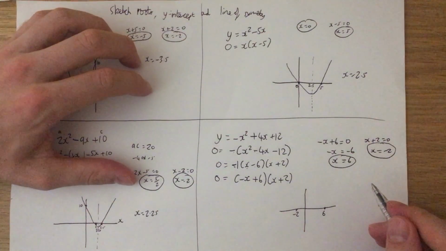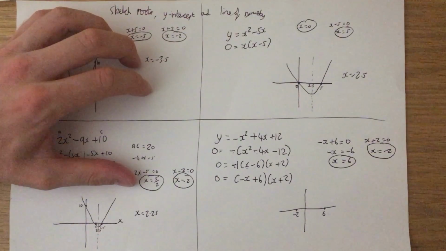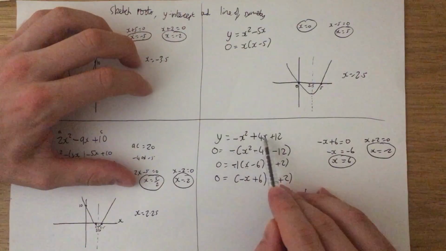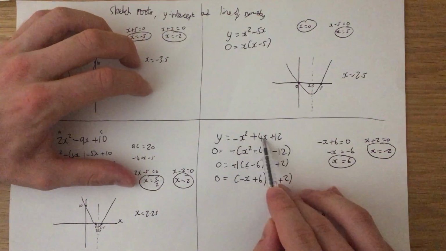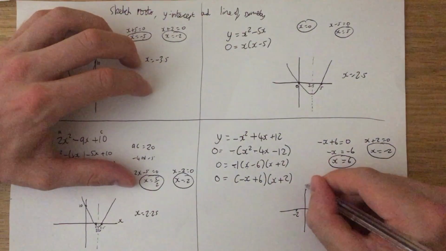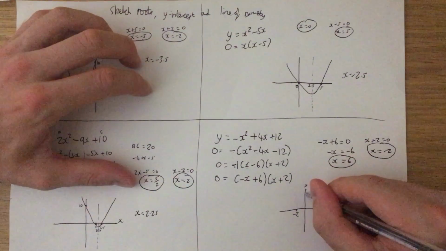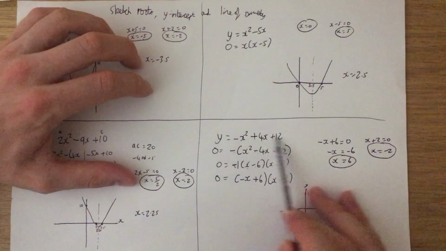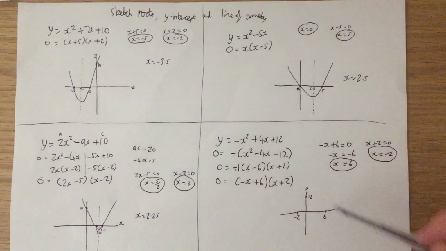I now want to see what my y-intercept is. Well, when x is 0, everything is 0 so far, plus 12. So y equals positive 12 is my y-intercept. So positive 12 might be up here. Now remember, this is a negative quadratic, which means it's going to be an N shape instead.